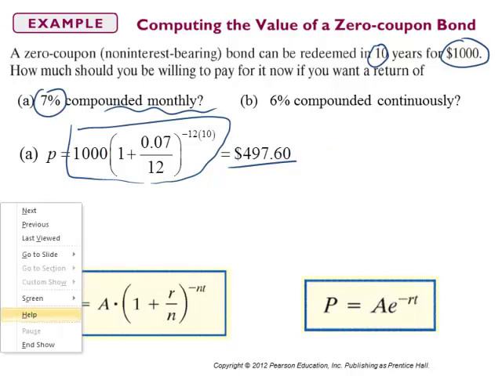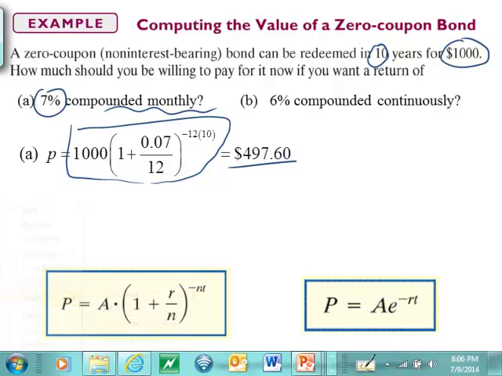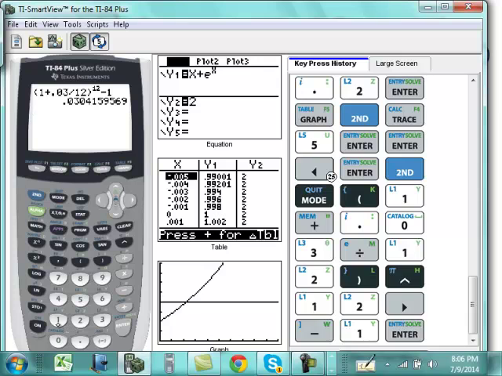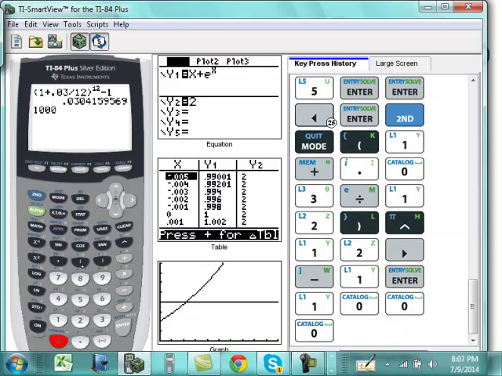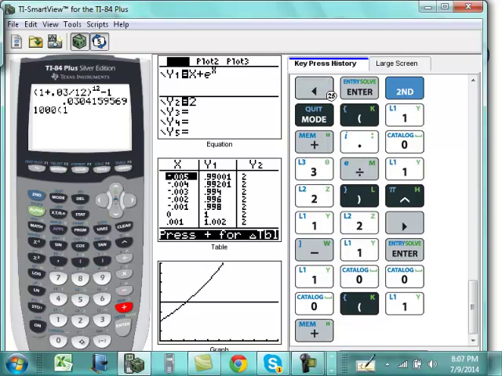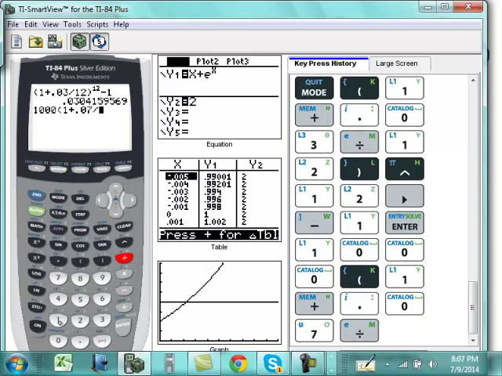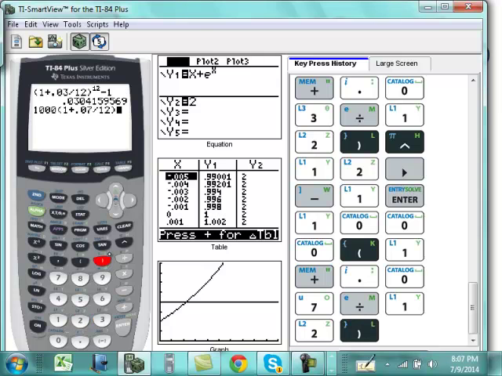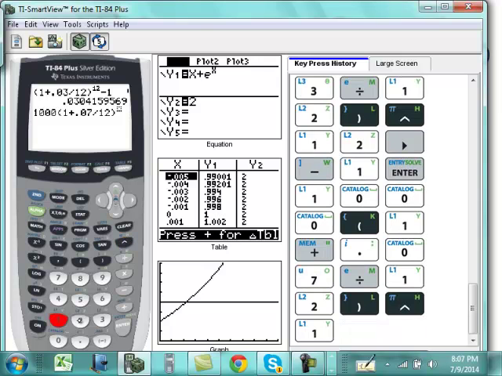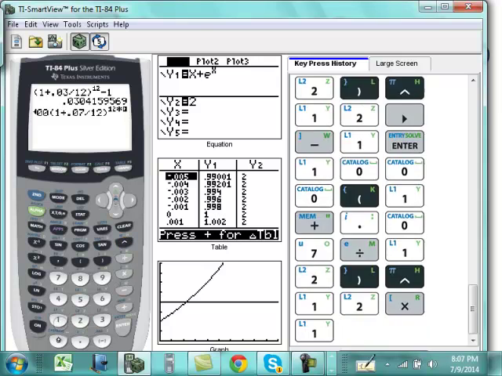So I'm going to pull out my calculator too. We have 1,000 times 1 plus 0.07 divided by 12 raised to the, and then we're going to have, what, 12 times 10, 120 months.